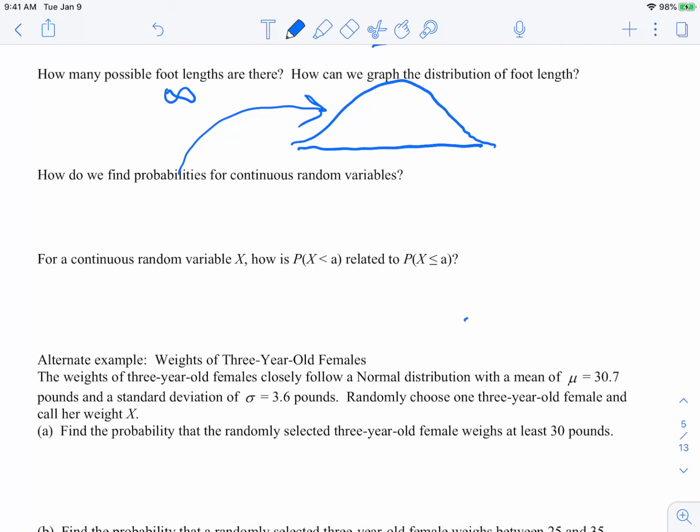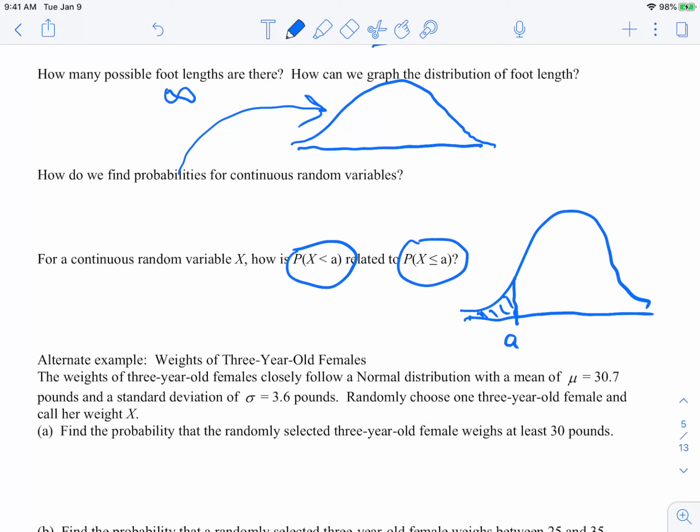And then one little quirky thing about normal models: if we were graphing, let's say, heights or foot lengths or whatever, let's say we had a number right there that's an A. If you were shading and trying to find the probability that x is less than A versus less than or equal to A, the only difference, of course, is that one of those is including the boundary and the other one is not including the boundary.